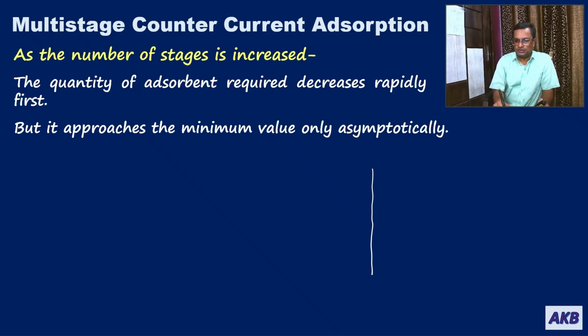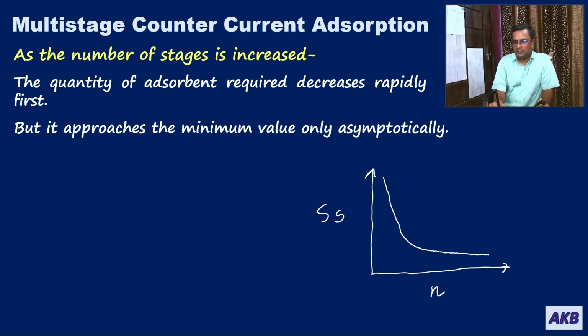If you plot the quantity of adsorbent versus number of stages, as you increase the number of stages, the quantity of adsorbent will decrease rapidly initially, and then approach the minimum value only asymptotically. So you need to understand that.